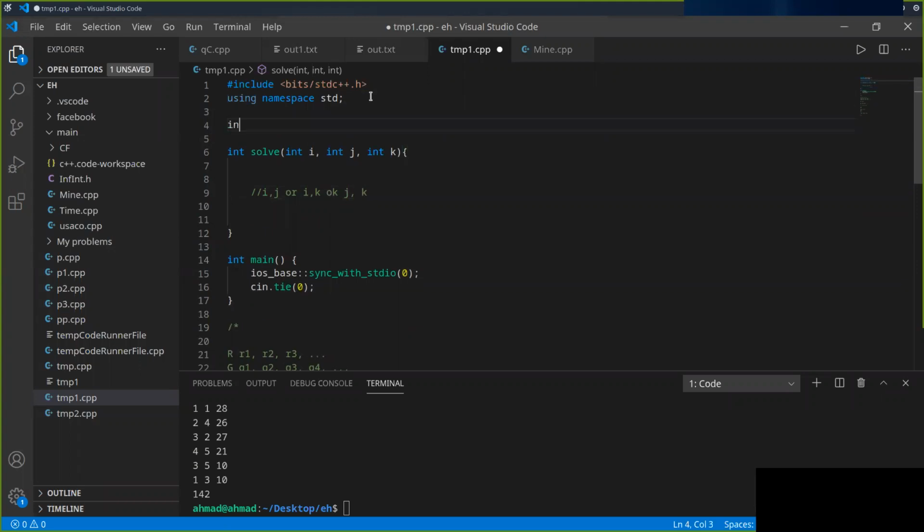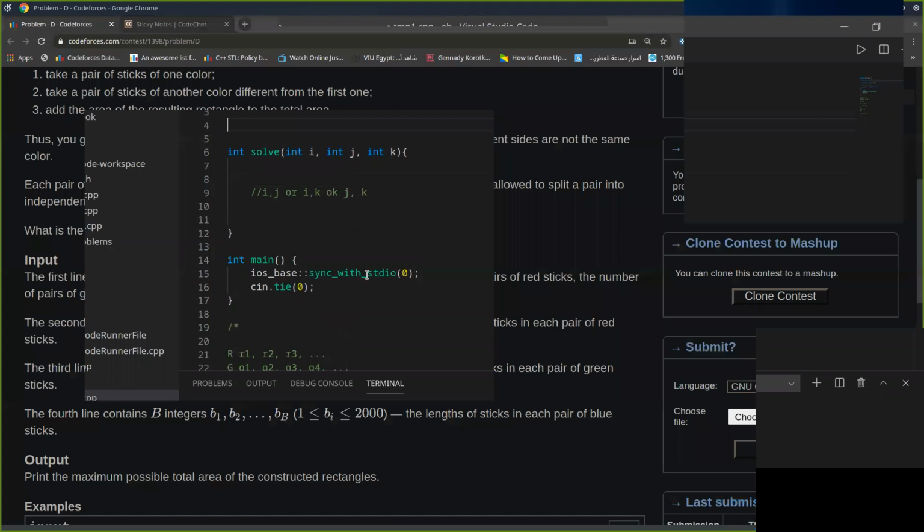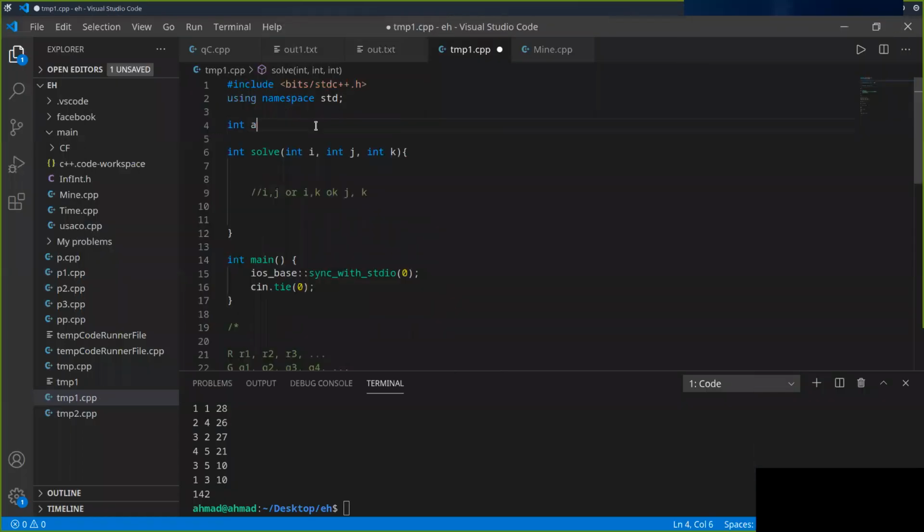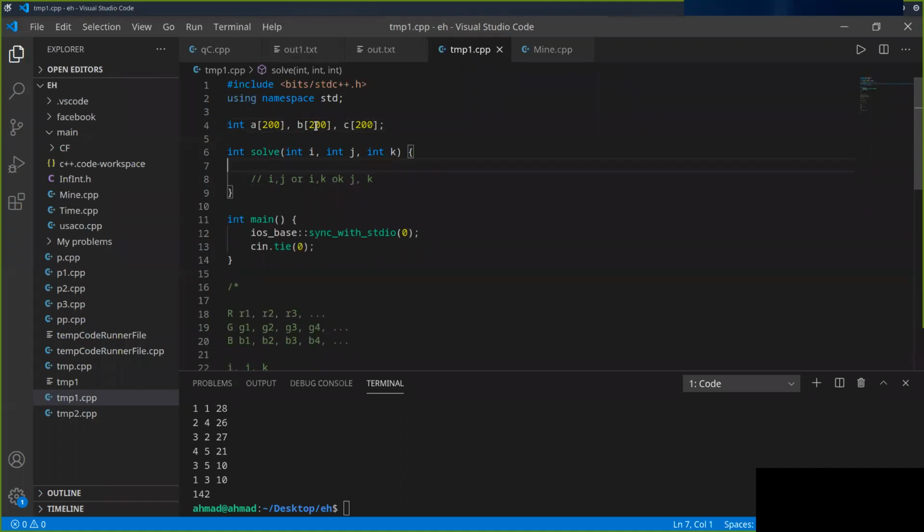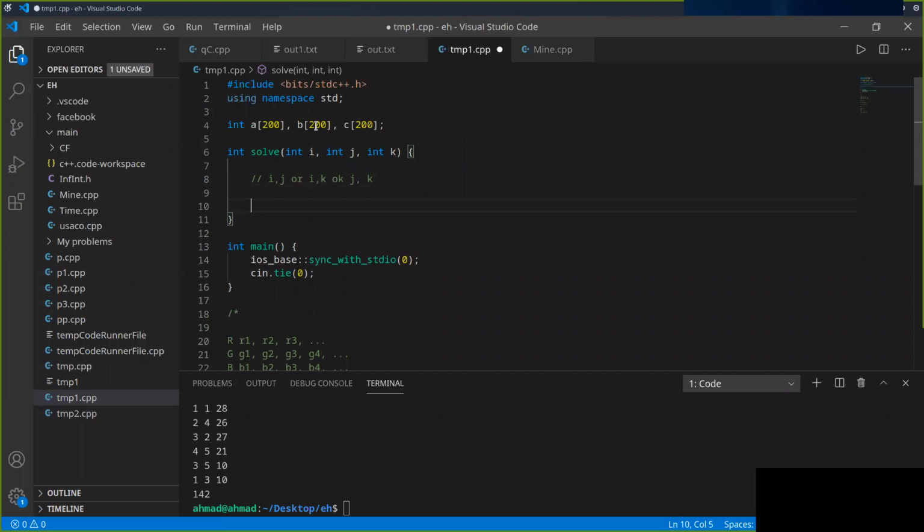Let's have the arrays here first. Int a, size is 15. So all the possibilities would be, so let's make int result equals to 0.